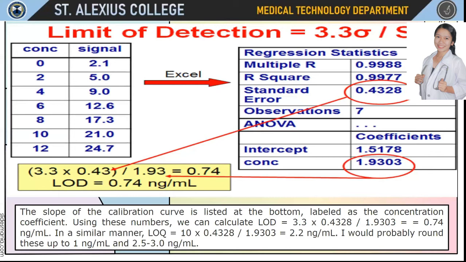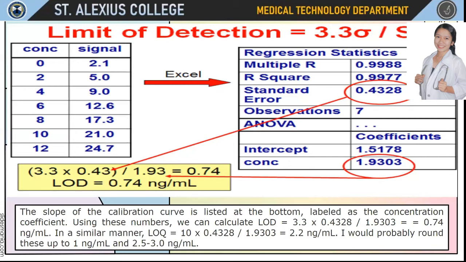So in this figure, I've listed a set of concentrations, in nanograms per milliliter, and signal area for a calibration curve. This data can be analyzed by a linear regression algorithm, such as is included in most data system software. I've chosen to use the linear regression data that can be obtained in Microsoft Excel.